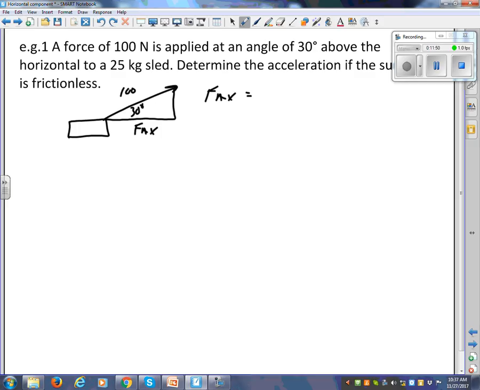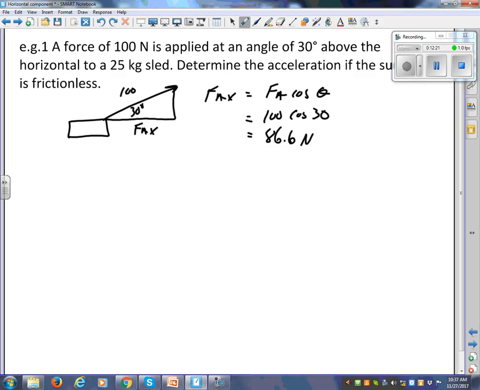Are you okay with writing FAX is FA cos theta? So that's going to be 100 cosine 30. I think we already figured that out, didn't we? 86.6, right? Okay, so that's the force.